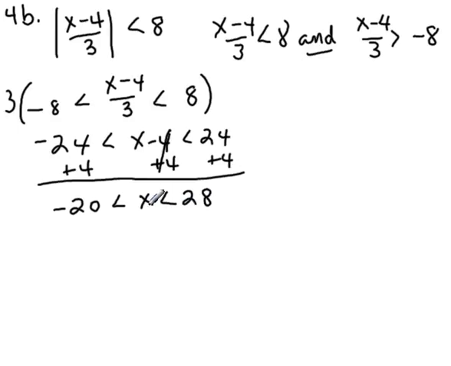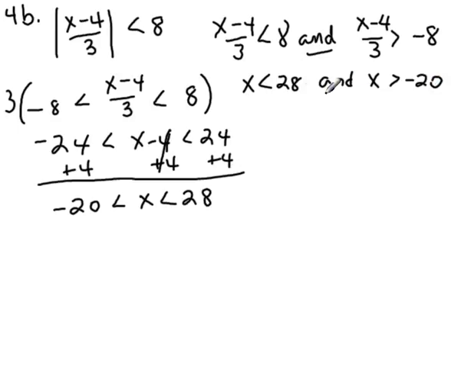Okay, this one more clearly tells you that x has to fall between negative 20 and positive 28. Here I would have ended up with x is less than 28, and I would have ended up with x is greater than negative 20.